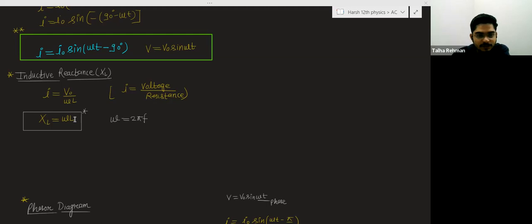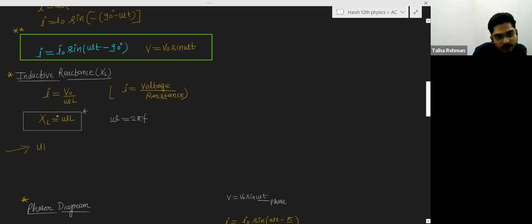I am not saying this omega L is resistance. This is just like the resistance, because when you see the unit of XL, it will be ohm, like resistance.